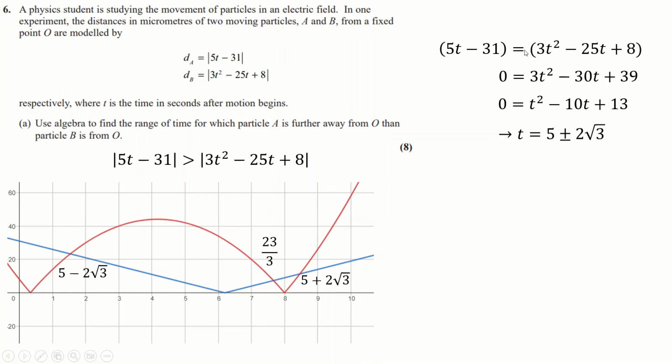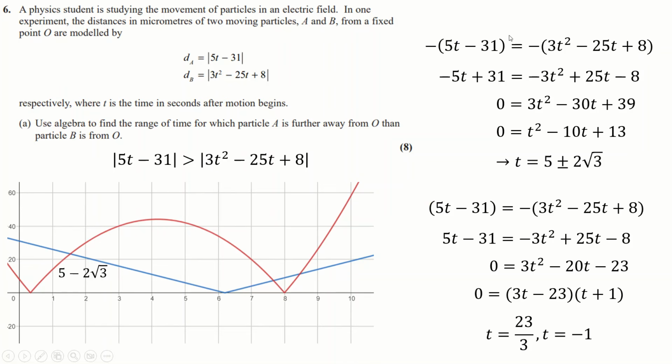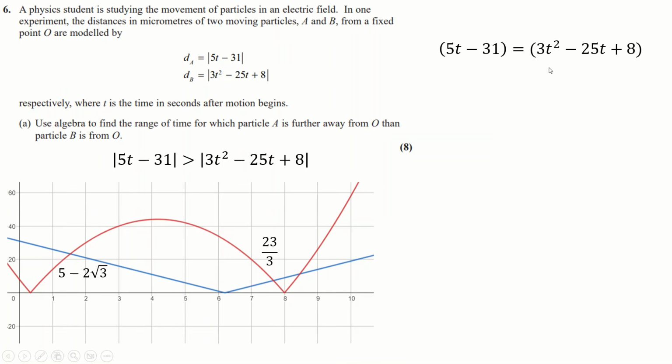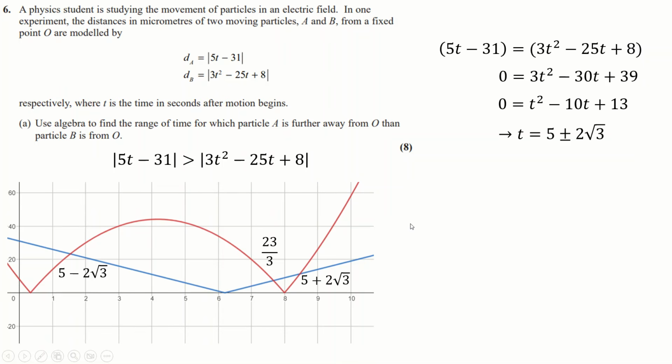And of course the algebra confirms that, because if you put two minuses in front of this, that's the same as putting no minuses in front of either of them. So of course these are going to have the same answers, and we have that this is 5 plus 2√3. So you could have got that without doing any of this if you had been aware enough to notice that. So well done if you were.